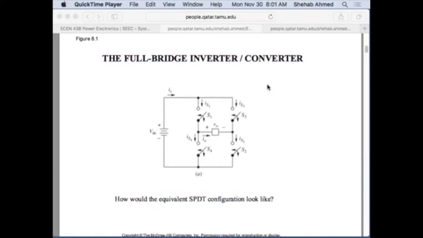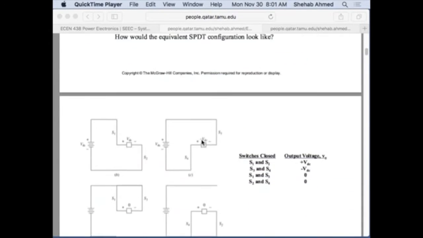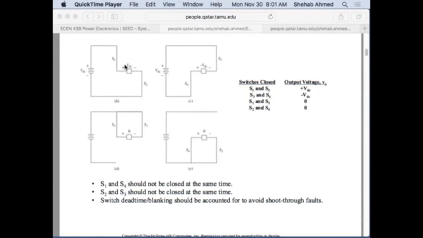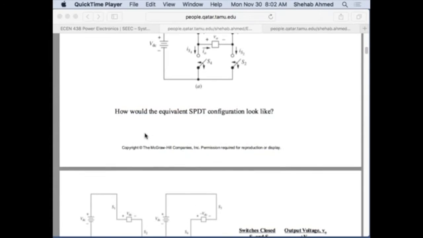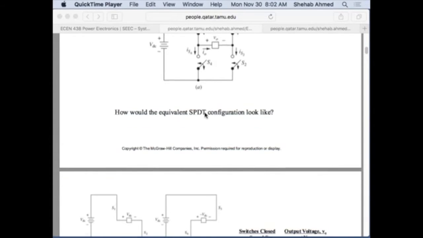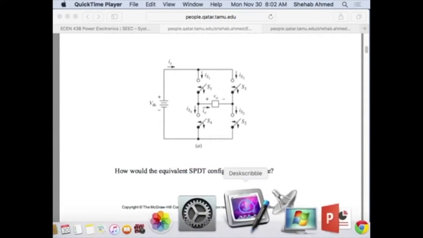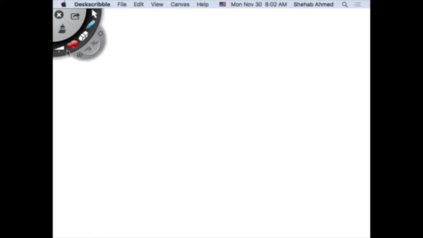Last time we were talking about inverters, and we said that with this same topology, we can produce VDC on the load, minus VDC on the load, or 0, right? Depending on which switches we operate. We drew the single pole double throw equivalent of this, meaning when I say single pole double throw, I'm referring to this configuration, right?